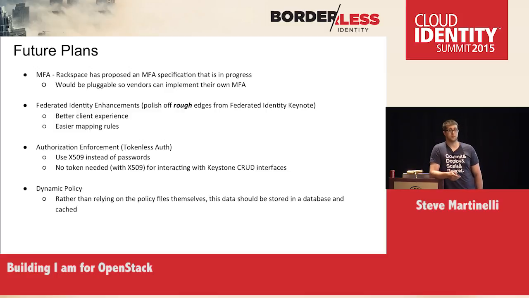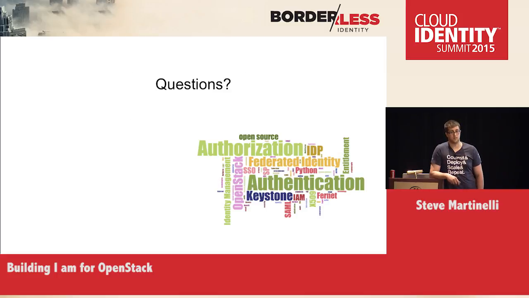So we want all this stored in a database and just be dynamic. There's no reason for us to have a file-based approach. It's really old. It's kind of baggage that we've been carrying around, and we're just getting to it now. And that's all I really have for our story time about Keystone and building our identity access management in OpenStack.